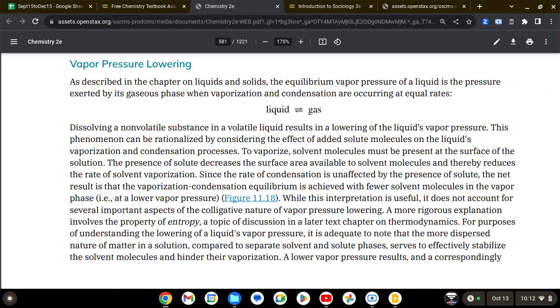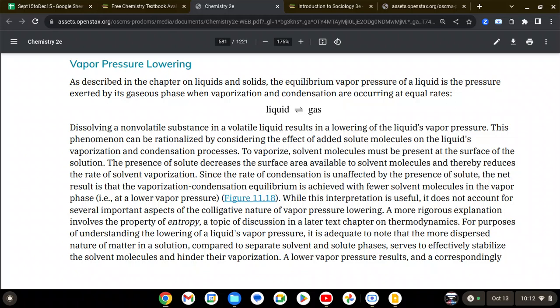To vaporize, solvent molecules must be present at the surface of the solution. The presence of solute decreases the surface area available to solvent molecules and thereby reduces the rate of solvent vaporization. The rate of condensation, however, is unaffected by the presence of solute. The net result is that the vaporization-condensation equilibrium is achieved with fewer solvent molecules in the vapor phase.